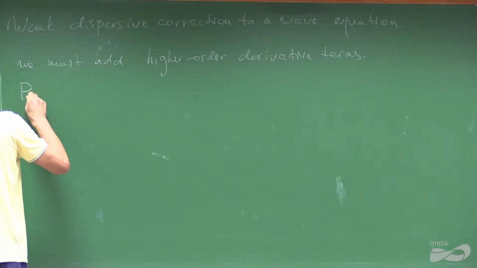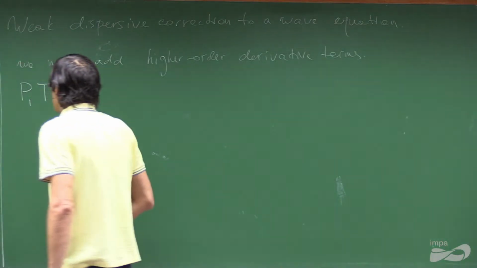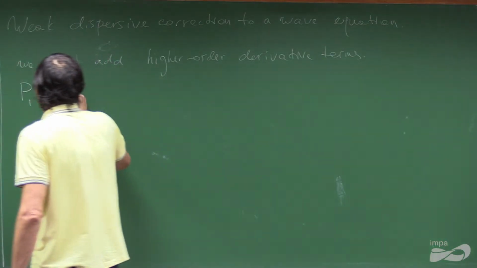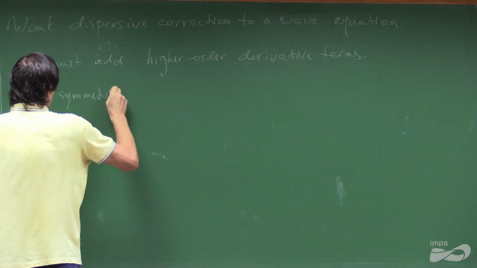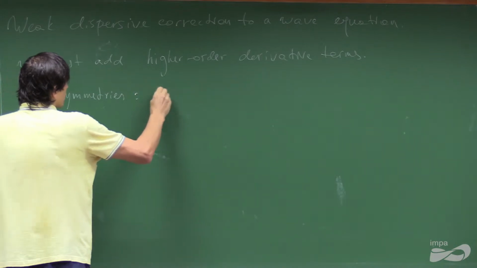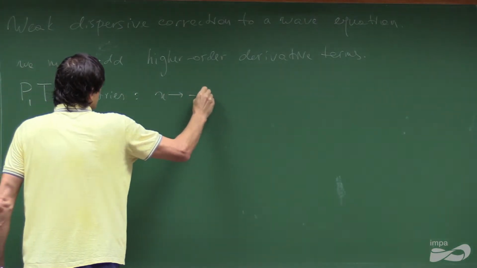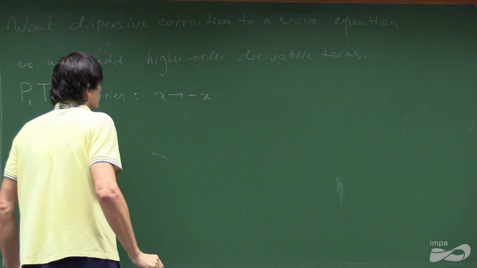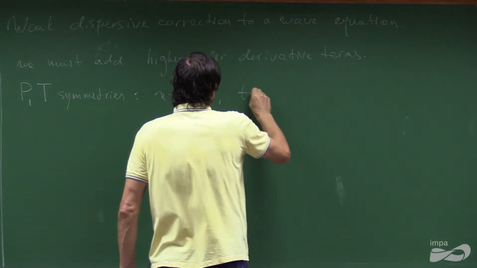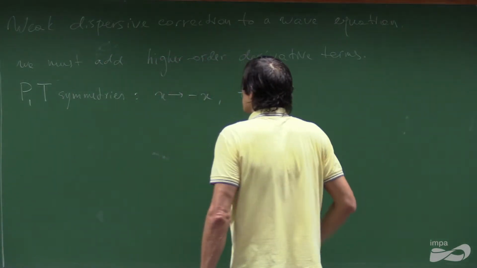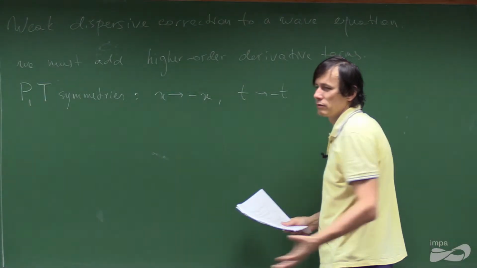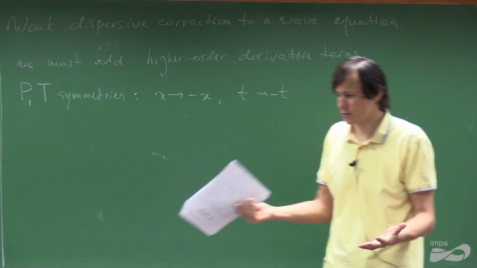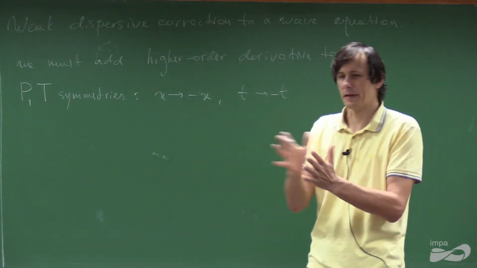the two symmetries. One is parity, another is T symmetry. One symmetry is x to minus x, so we change the direction of the x-axis. Another is t to minus t. Usually this is called parity because in 3 dimensions it maps left hand to the right hand.